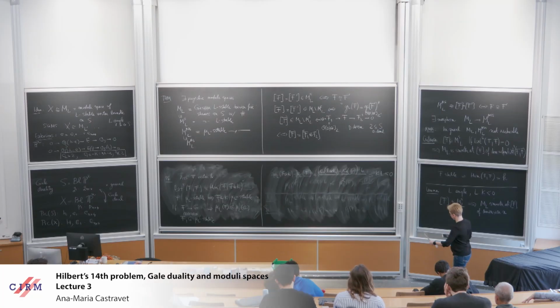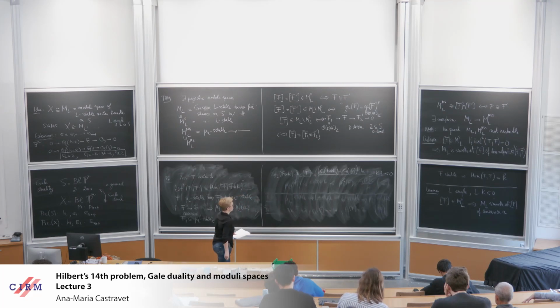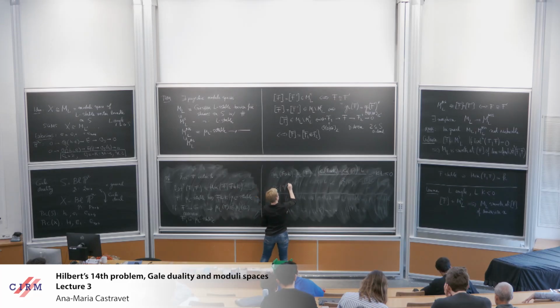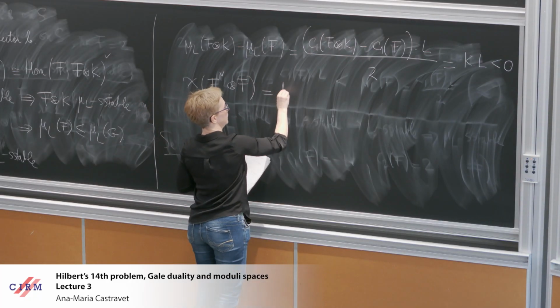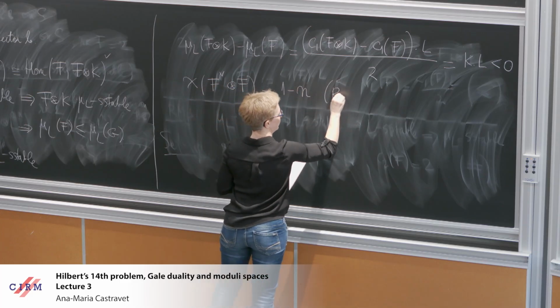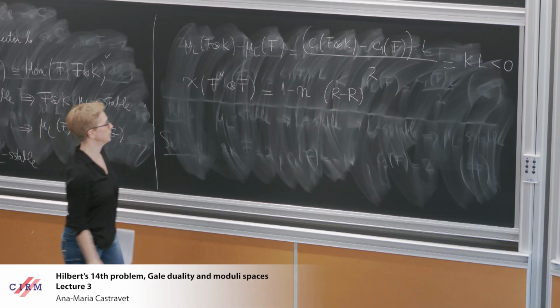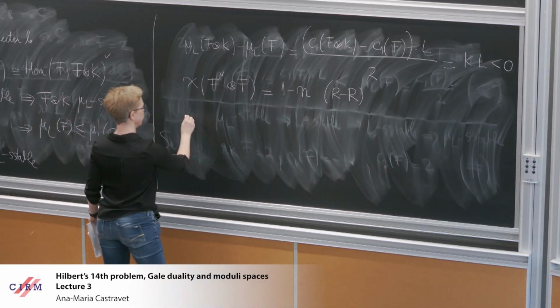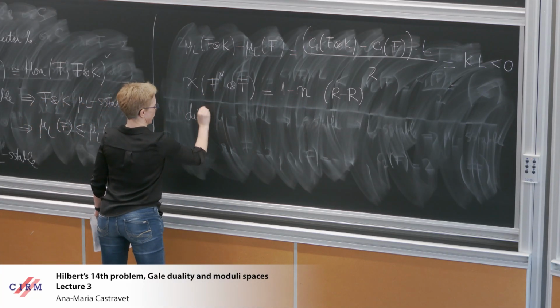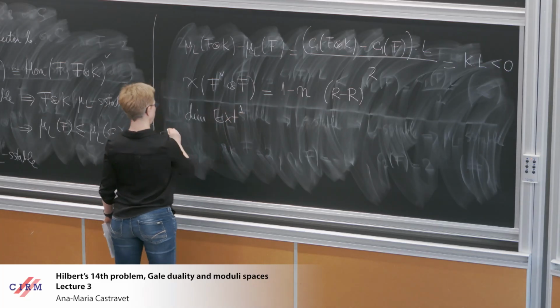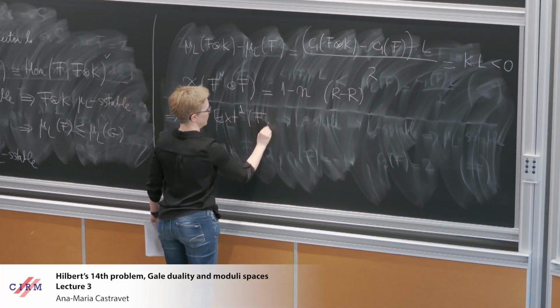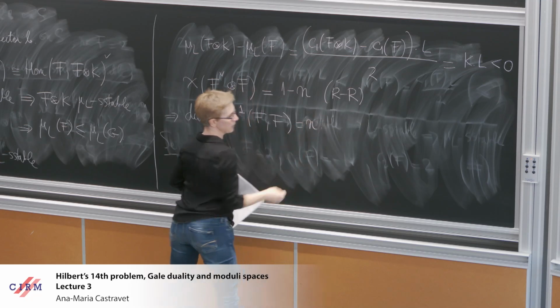And then, okay, it's a calculation of, you can compute the Euler characteristic to be, this is a Riemann-Roch calculation from the numerical invariants. This is 1 minus n. And then that gives you exactly that the Hom space is one-dimensional, and that gives you the dimension of the Ext1 is n. So this will be smooth of dimension n.